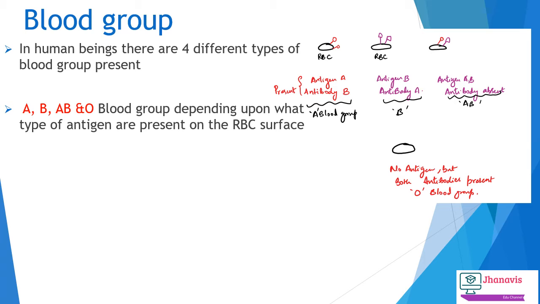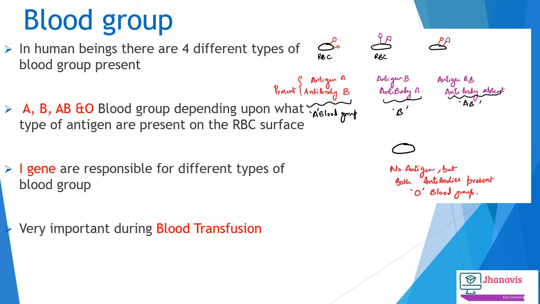So, depending upon what type of antigen is present, the blood is divided into 4 groups, mainly A, B, AB, and O. This blood group is very, very important for blood transfusion. Remember, the antigen and antibody present in the blood play a very important role during a blood transfusion.